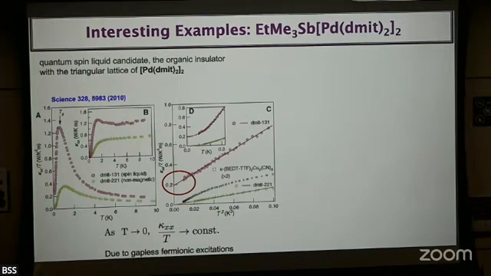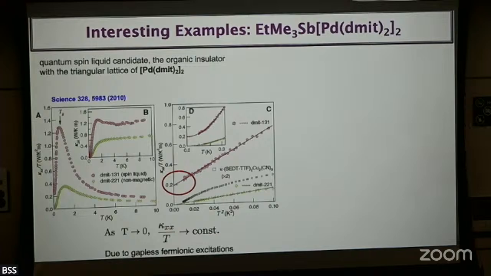C is basically how many heat-carrying particles, either phonon or whatever, are coming. So the way people do it is the phonon heat capacity C has T cubed dependence, as we saw in the phonon case. And then you plot kappa over T versus T squared, and that linear line is coming from the phonons. And then when you extrapolate to zero temperature, there is actually a non-zero intercept, right?